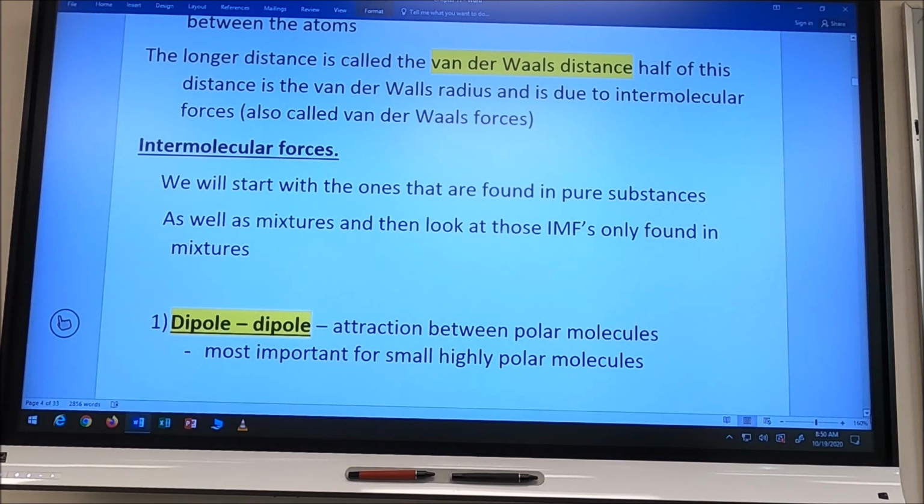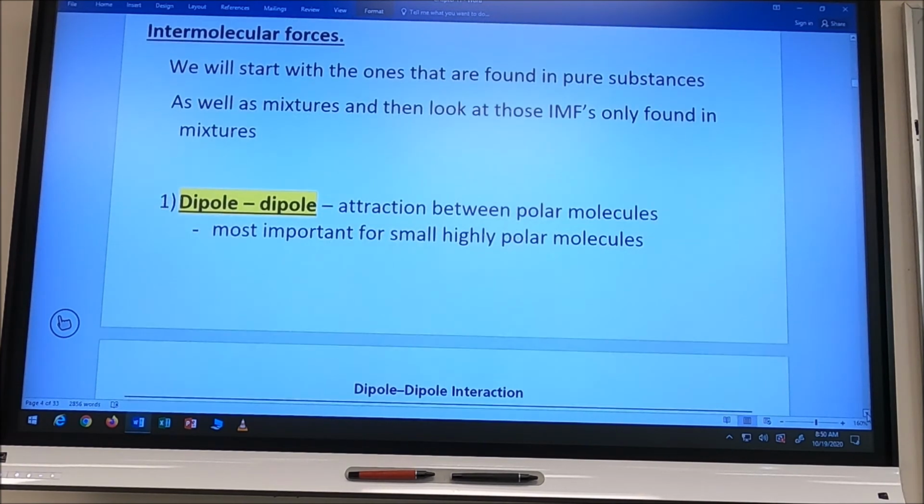Now, we've got a list of intermolecular forces. Okay, and I'm going to start off by looking at the intermolecular forces that we find in pure substances and mixtures. And then we'll look at the intermolecular forces only seen in mixtures. Okay? Our first intermolecular force is dipole-dipole.